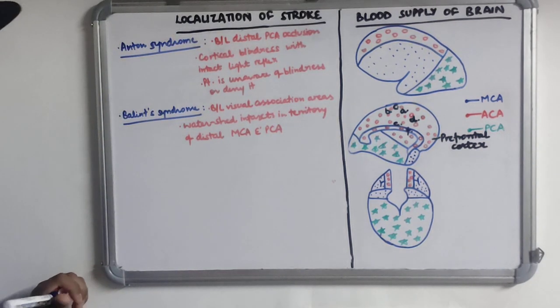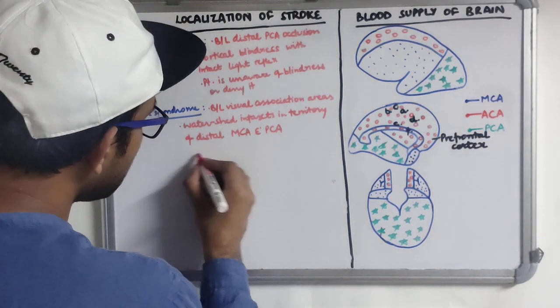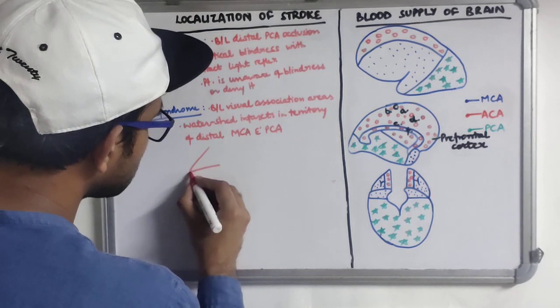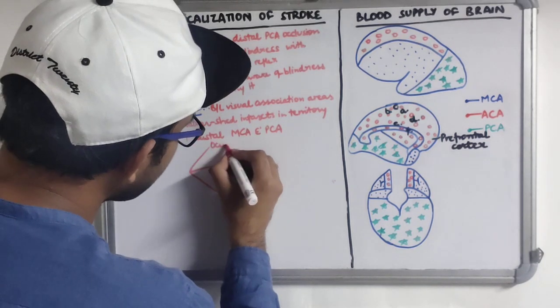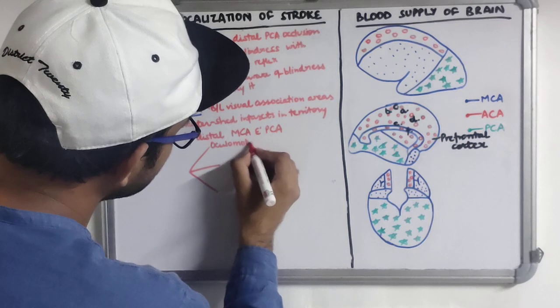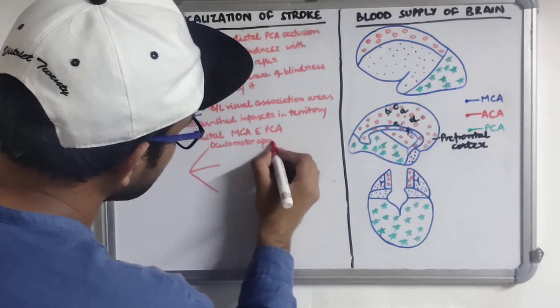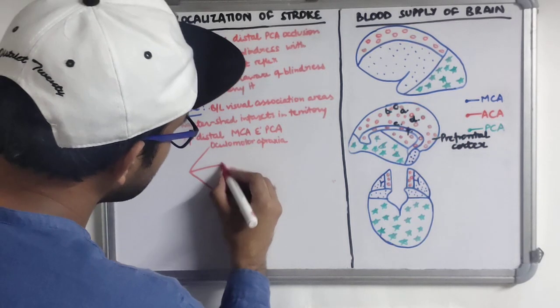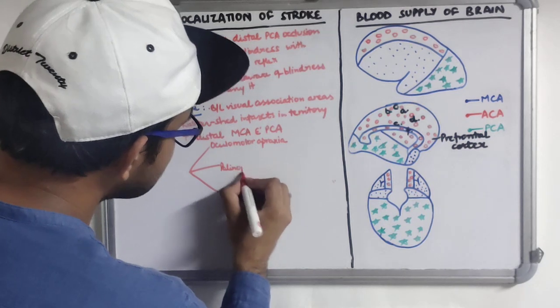So what will happen? There is usually a triad of oculomotor apraxia, palinopsia, and simultagnosia.